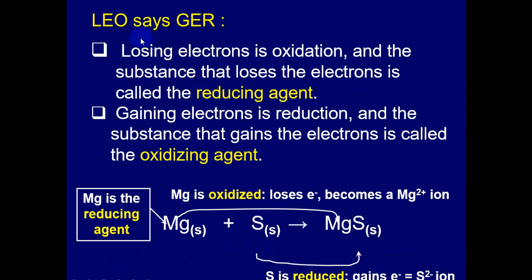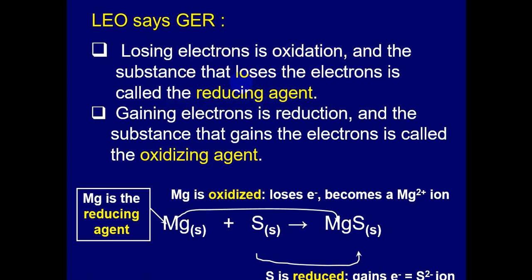So let's explain it further. Losing electrons is oxidation, and the substance that loses the electrons is called, in the opposite way, the reducing agent. Why is it the reducing agent? Because it's giving its electrons to another atom, so it's reducing. When you gain electrons, you become reduced.